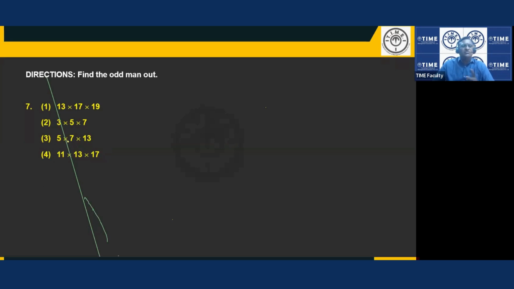Third option, after 7, 11 is missing. Okay, just we can hold it. Fourth option, 11, 13, 17, also consecutive prime numbers. So, except in the third option, all are consecutive prime numbers. Only the third option is different.